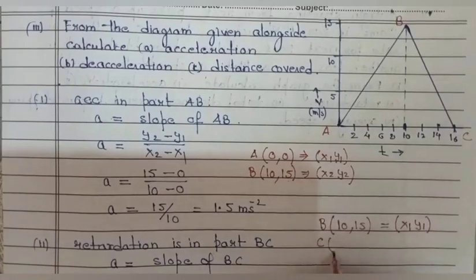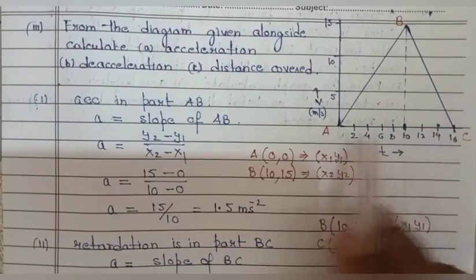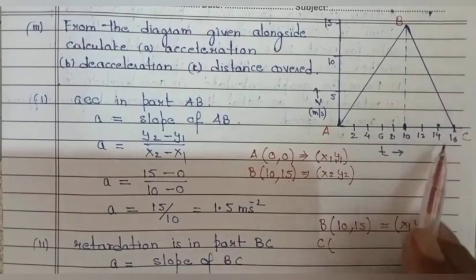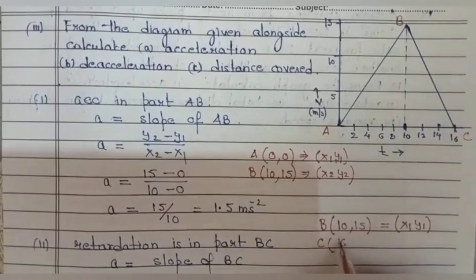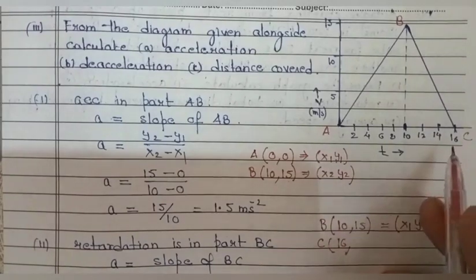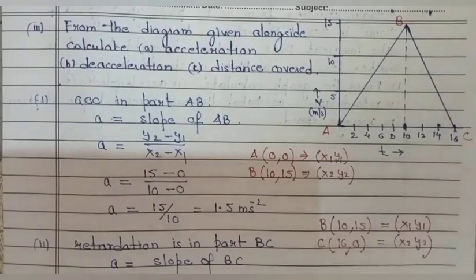Now C is the second point. You can see the second point C lies on the x-axis. So the value of x over here is 16. But as the point is on the x-axis, the y coordinate will be 0. So that gives you x2, y2.